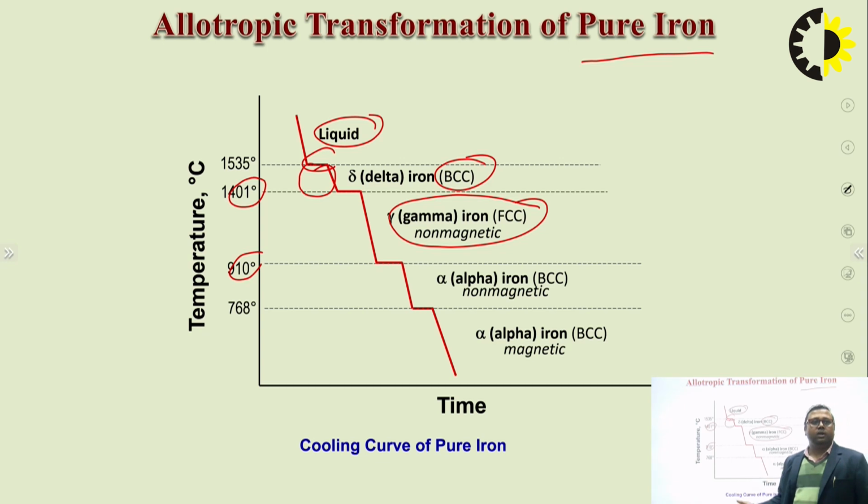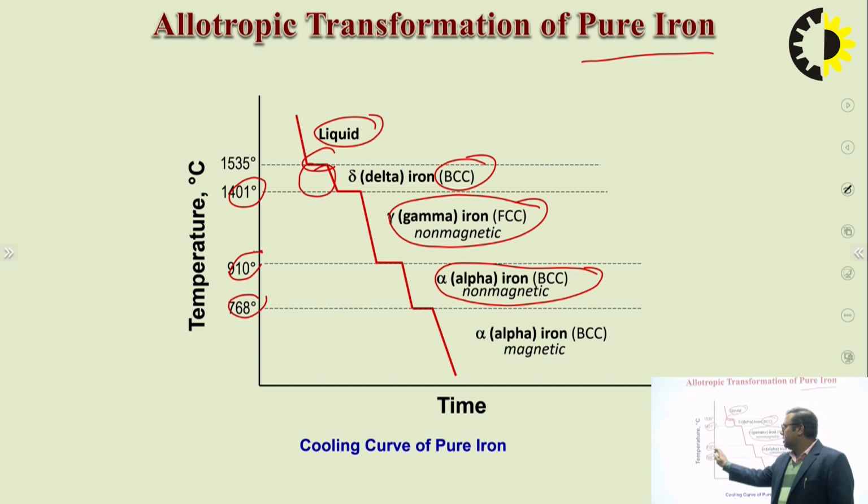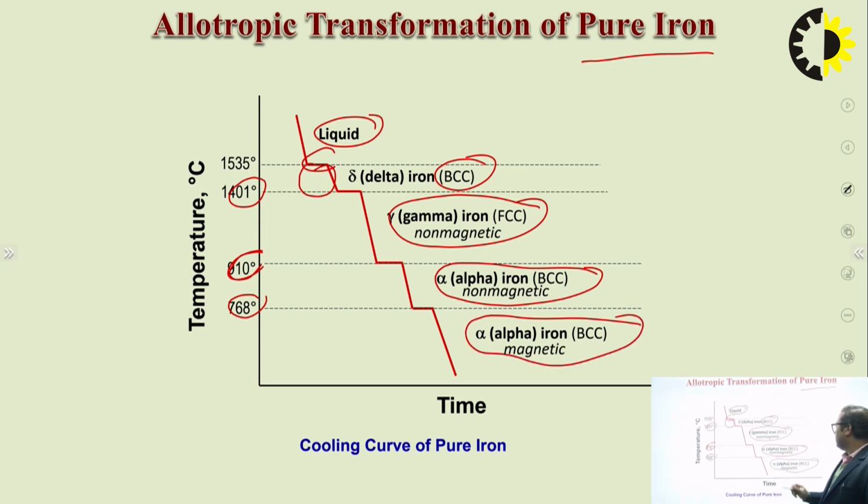Then on further cooling, we can see that the alpha iron BCC structure has been formed, which is non-magnetic, and this alpha iron temperature ranges from 768 degrees centigrade to 910 degrees centigrade. On further cooling the iron, we can see that the alpha iron BCC structure is the magnetic phase.